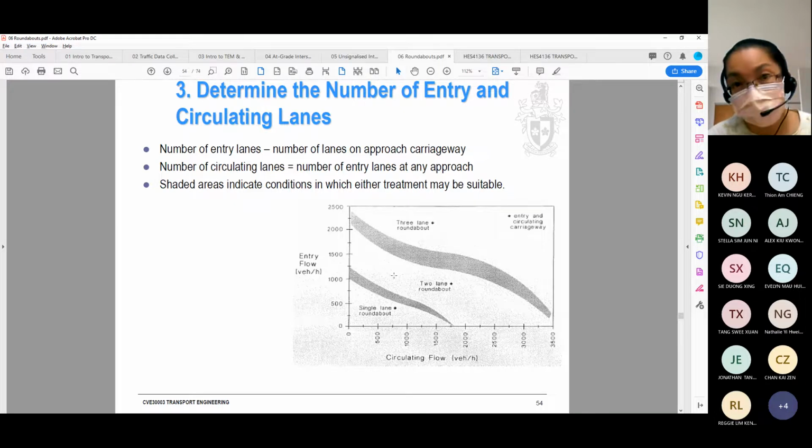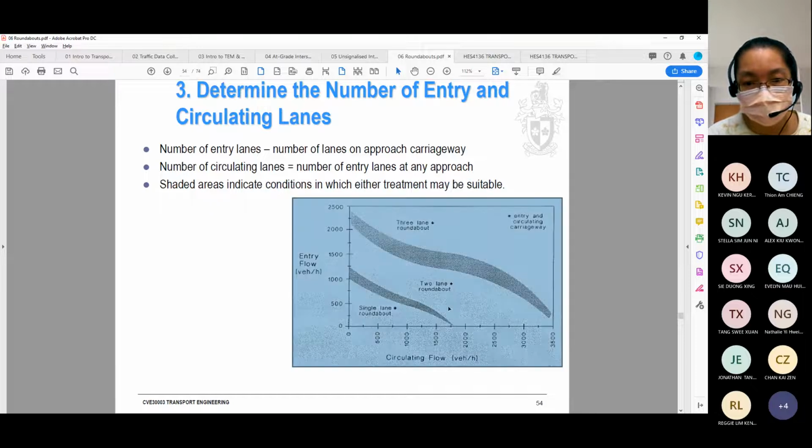If you already have a layout of the roundabout, or it is an existing roundabout, you know the number of entry lanes, and you are just analyzing the capacity, then you don't need to look at this graph.